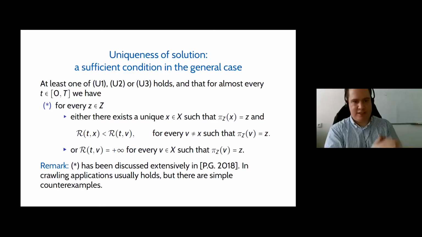So you restrict to directions that are parallel to the invariance of the energy, orthogonal to Z. And in that direction, the dissipation of energy has a unique minimum. You can find other characterizations too, but that would require more notation.